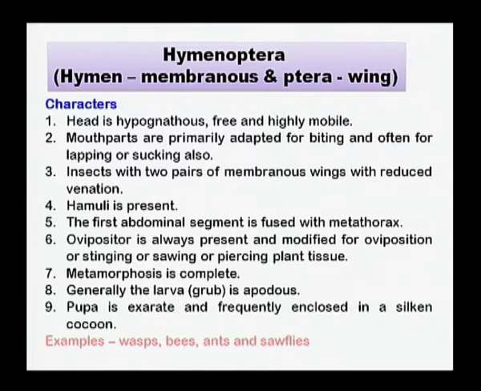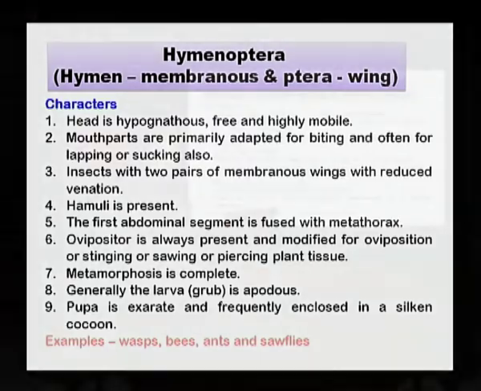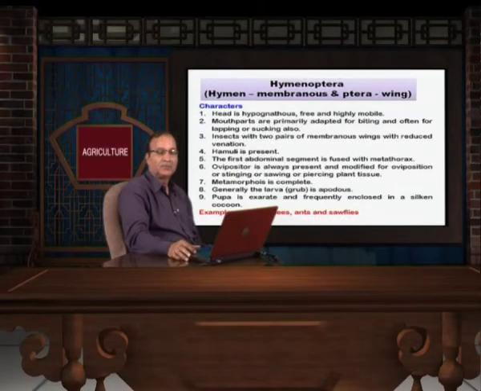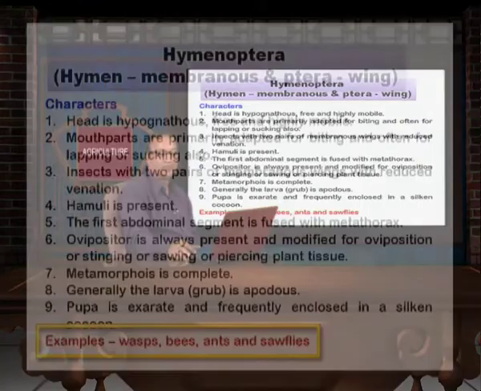The pupa is exarate type, and frequently it is enclosed in a silken cocoon, in which the pupa rests and passes one of its stages, made up of a silk-like shell.